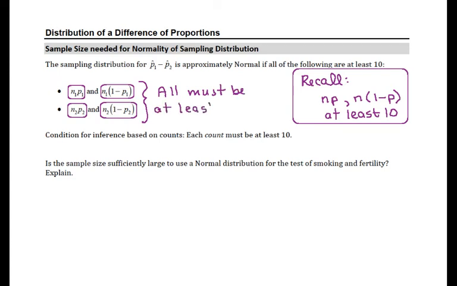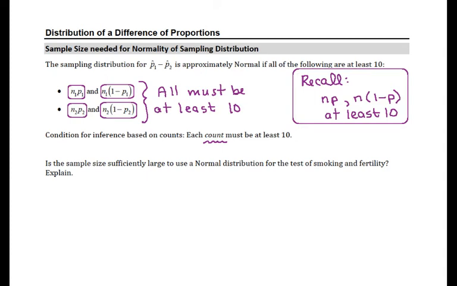Now there's a simpler way to think about this if we are given counts, because if we're estimating this from a sample, then if you multiply that proportion by the sample size, you get exactly the count that went into that proportion. So one way of thinking of this is that each count must be at least 10.